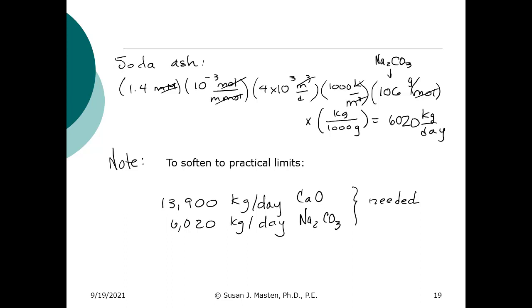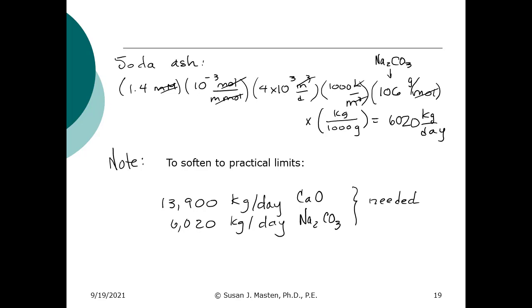Lastly, we'll calculate the mass of soda ash needed. We've calculated 1.4 millimolar. We then multiply that by 10 to the minus 3 moles per millimole, multiply that by the flow rate, and then convert from meters cubed to liters, multiply that by the molecular weight of sodium carbonate or soda ash, and then convert from grams to kilograms, yielding 6,020 kilograms per day.